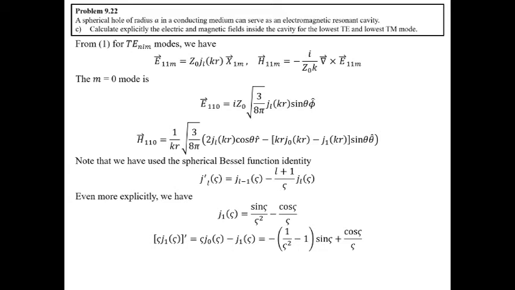The m equals 0 mode is E_110 equals i Z0 times root 3 over 8 pi times j_l of kr times sine theta, and H_110 as below. Note that we have used the spherical Bessel function identity.